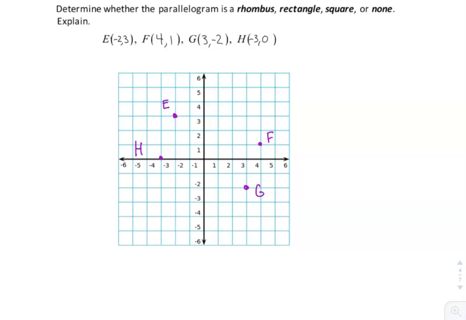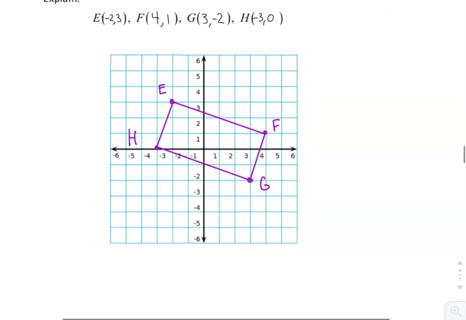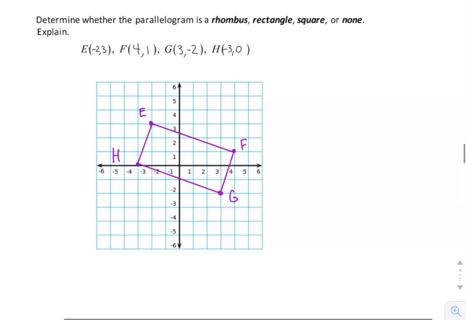All right, I'll connect my points. So first off, I can pretty clearly eliminate rhombus and square because I can see that EH and HG are not congruent. So I can cross these out: rhombus, square.